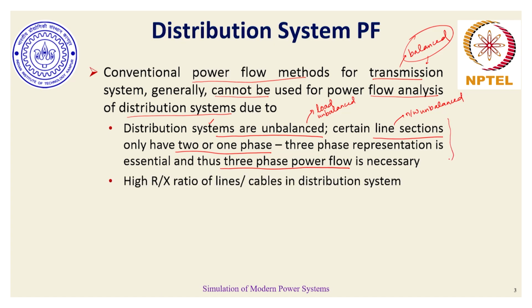The mathematical part is that usually distribution systems have low voltage levels, as a result of which their corresponding line reactances are low, and the line resistance doesn't change.